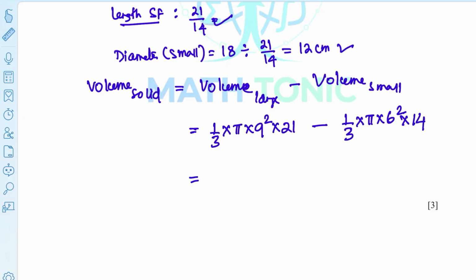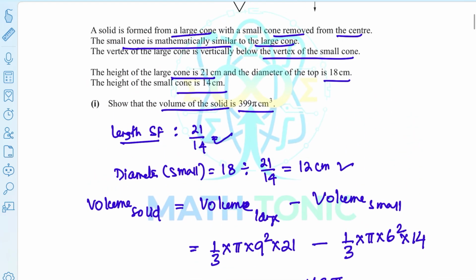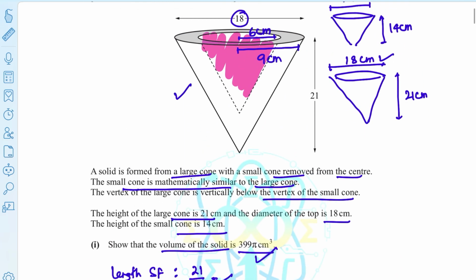When you type this in the calculator, you will get 567 pi minus 168 pi, which equals 567 minus 168, that is 399 pi centimeter cube. And this is what we had to prove. The volume should be 399 pi centimeter cube.